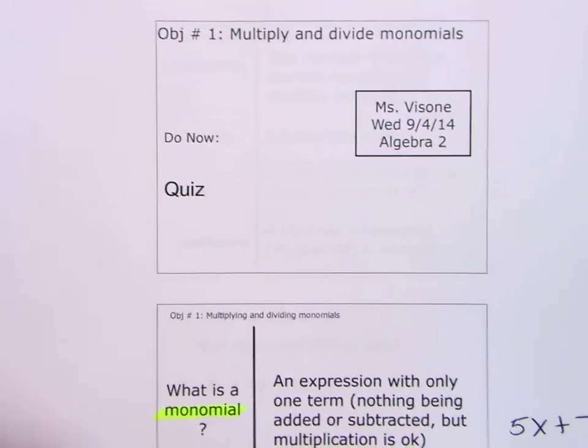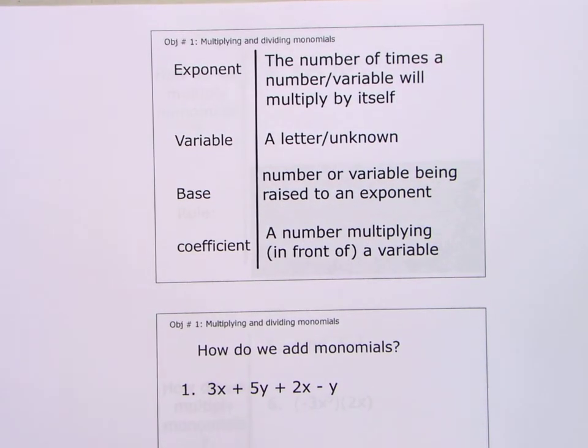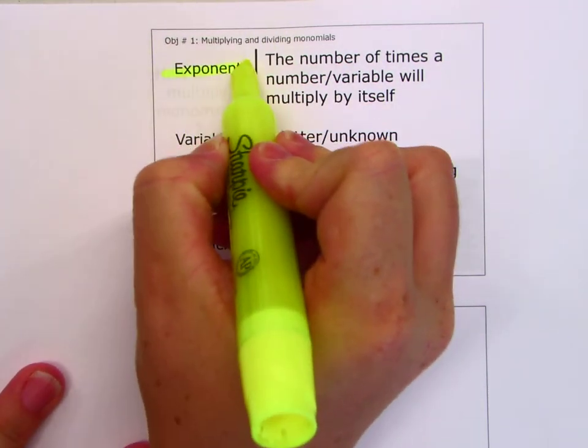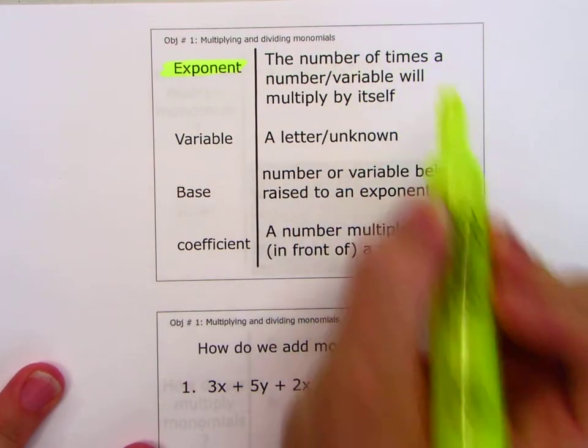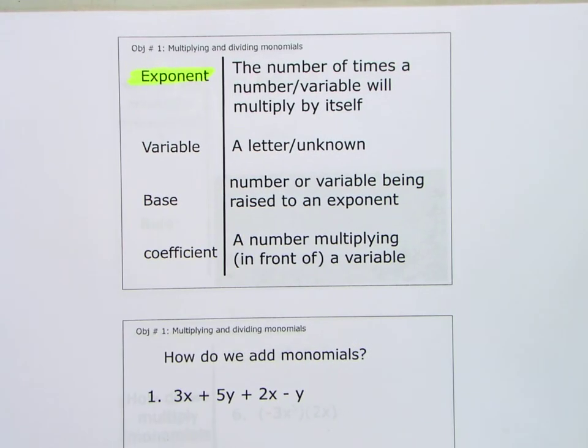Okay? So now we're going to write down the vocabulary. I know it's a lot of vocab, but it's a very basic starting of the year. So these terms are really, really important. All right. So an exponent is the number of times a number or variable will multiply by itself. Okay? So let me write an example right next to this.